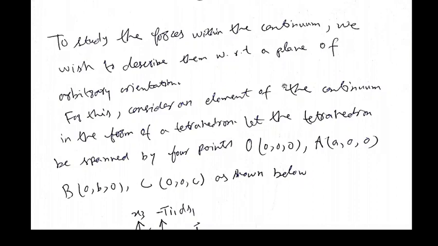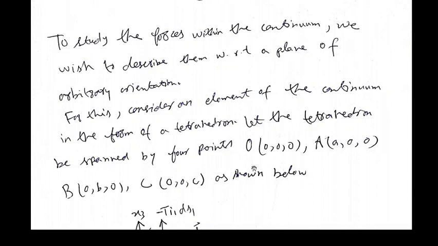Now, to get that, we will start from here. To study the forces within the continuum, we wish to describe them with respect to a plane of arbitrary orientation. So for this, let us consider an element of the continuum in the form of a tetrahedron. A tetrahedron is a geometrical shape having 4 triangular faces.